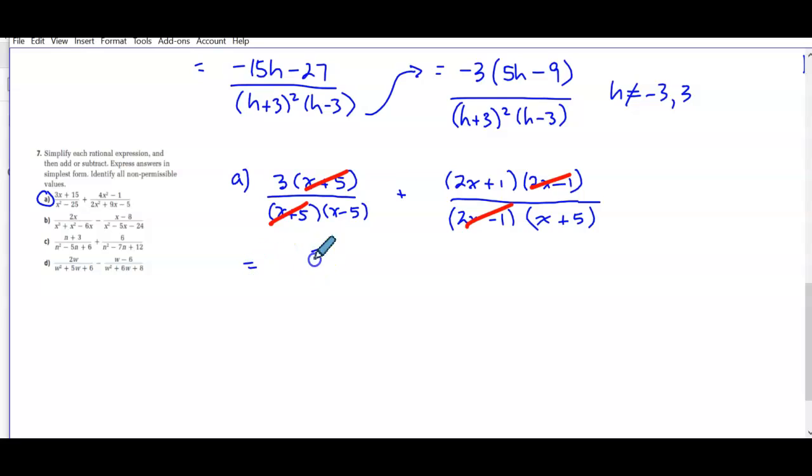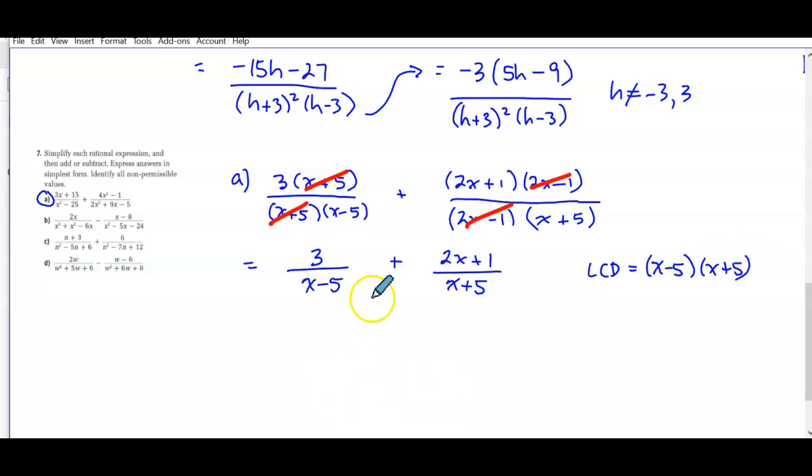So now I'm just going to copy out what that leaves us with. So that's our first rational expression. That's our second one. Okay, so now our lowest common denominator is x minus 5 times x plus 5.